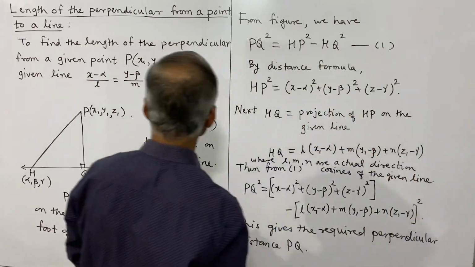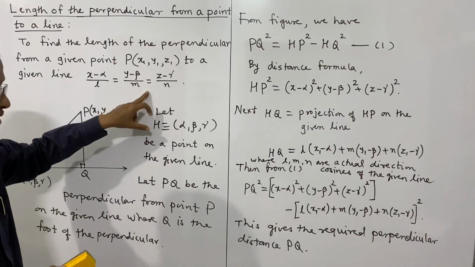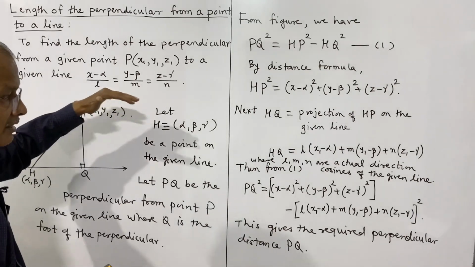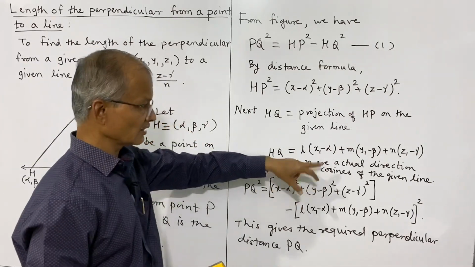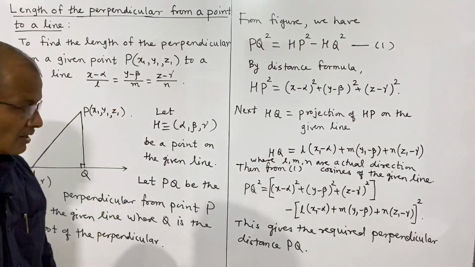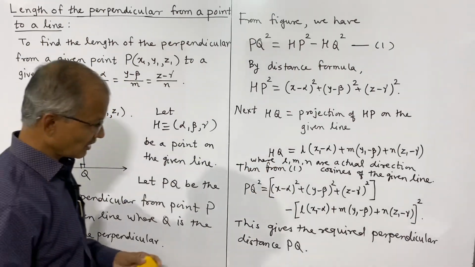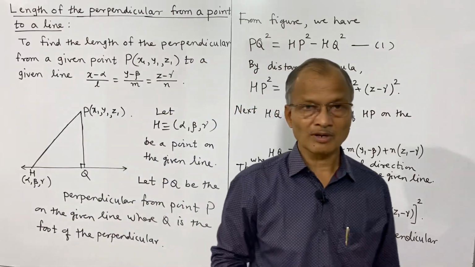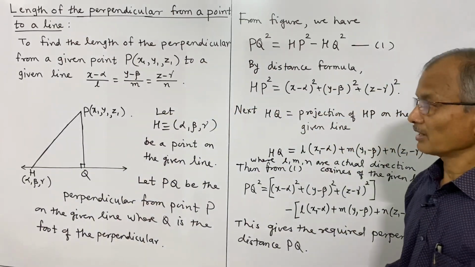If these are the DRS, direction ratios, we have to obtain the direction cosines of the line and then use them here for the projection. So this is the result about the perpendicular from a point on the line.